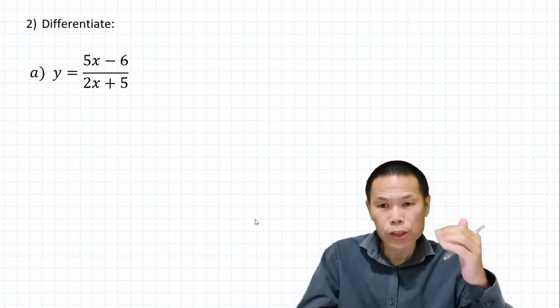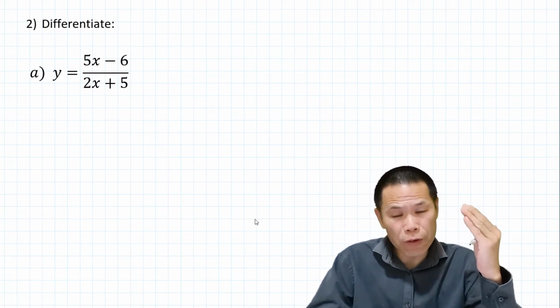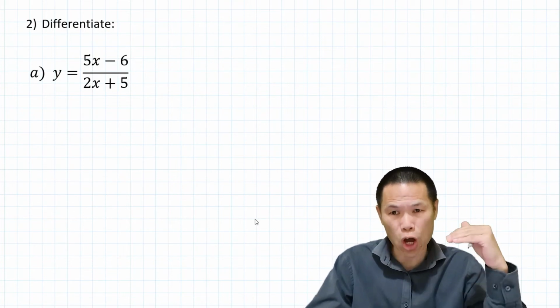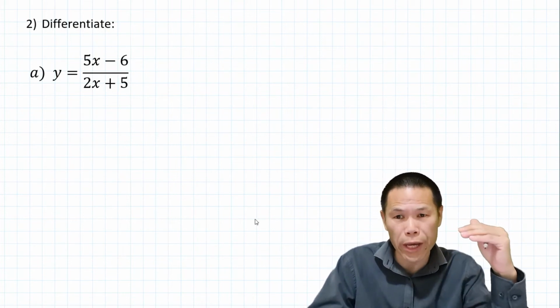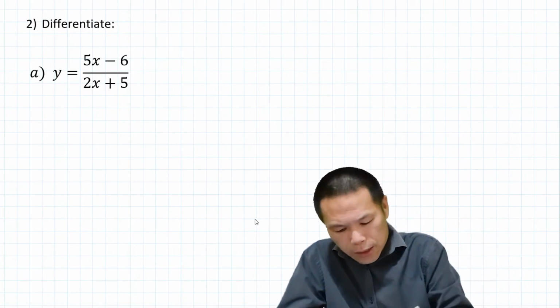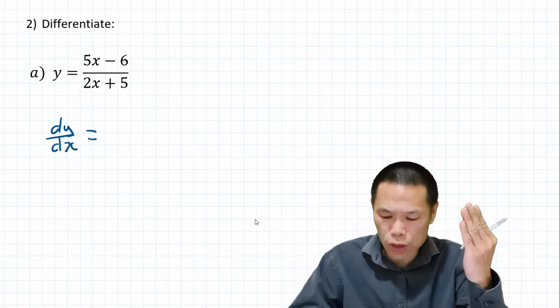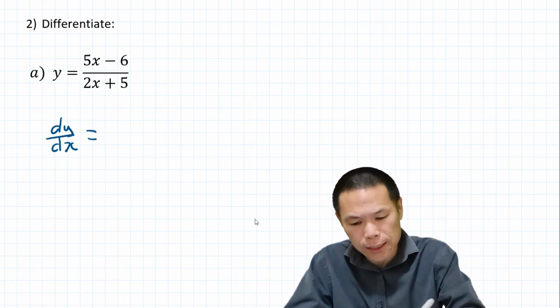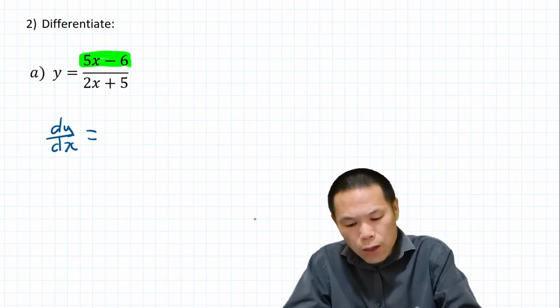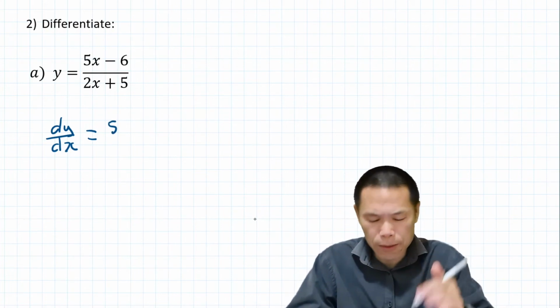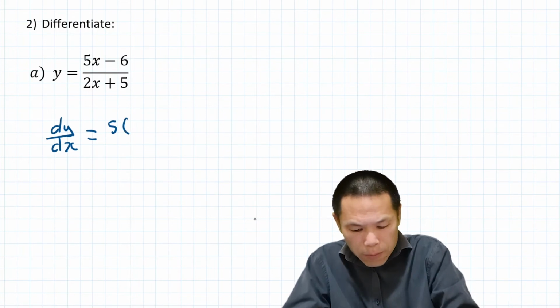First one. So we differentiate the top function, we times the bottom, then minus differentiate the bottom times the top, and then over the bottom square, okay? That's the process. So dy/dx or y dash, doesn't matter, is equal to differentiate the top function, 5x minus 6. Differentiating this will give me 5. And then we times the bottom, which is 2x plus 5.